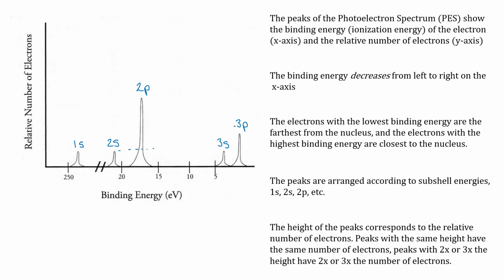Now let's talk about how many electrons we have so we can identify this atom. So we know the first peaks are going to be full, meaning the 1s peak is going to have 2 electrons, the same as the 2s peak. My 2p subshell is also full. That means it has 6 electrons. Again, if I look at my 3s peak, you can see it's the same height as my 1s and my 2s peaks.